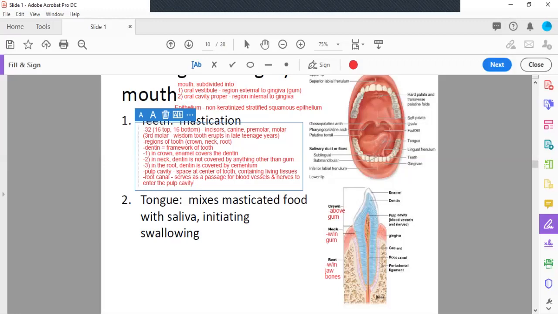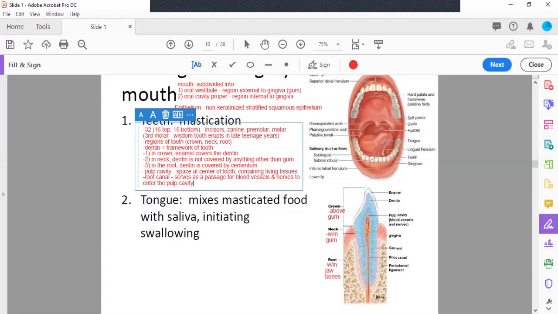The cavity can infiltrate into the pulp cavity. Once the bacteria enters the pulp cavity, it will kill off all the tissues in the pulp cavity, producing abscess.